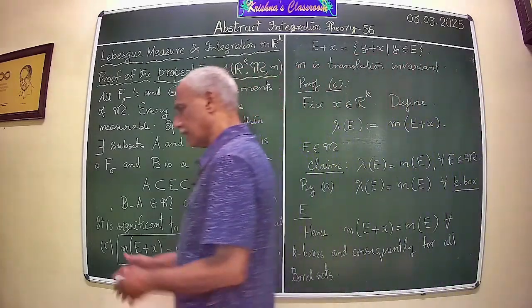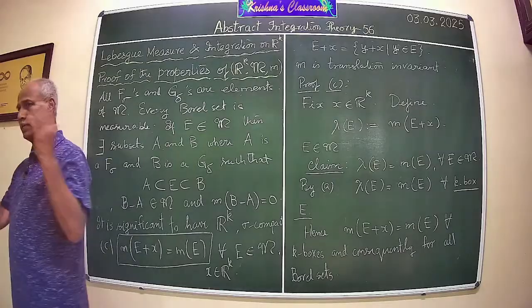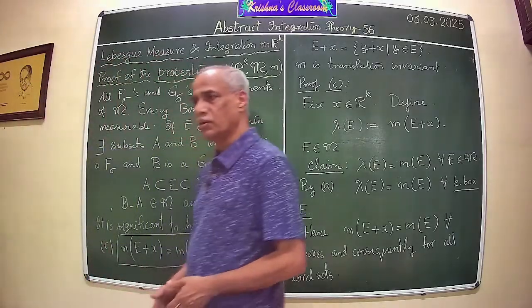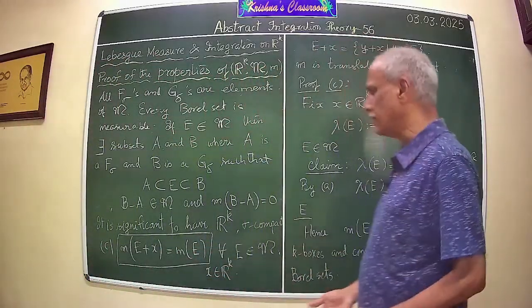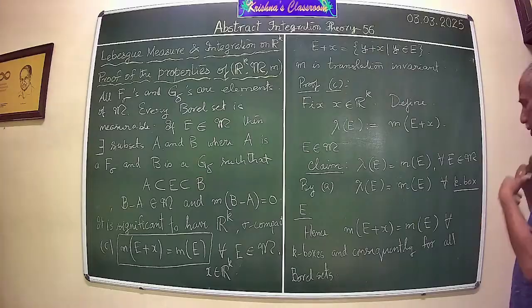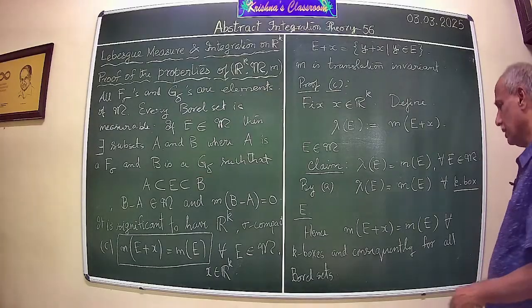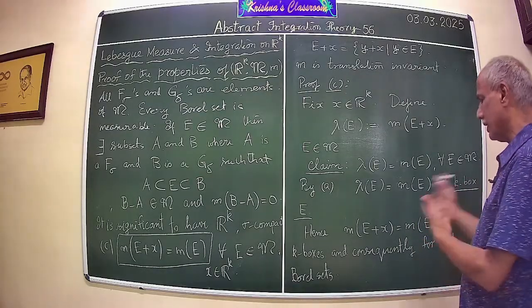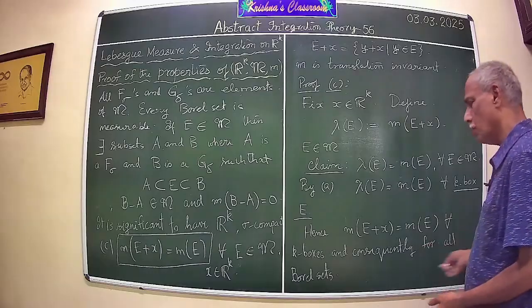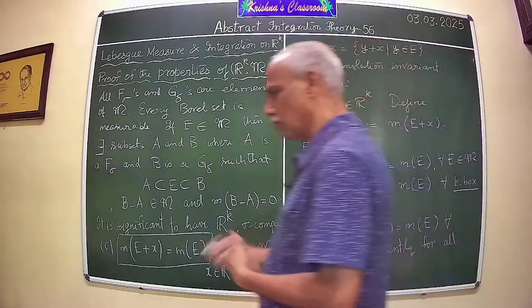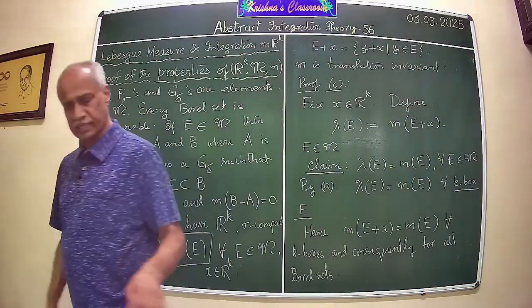Therefore you get the measure for open sets, and from open sets you can get it for closed sets, and from there you can get it for all Borel sets, because you know how Borel sets are generated.